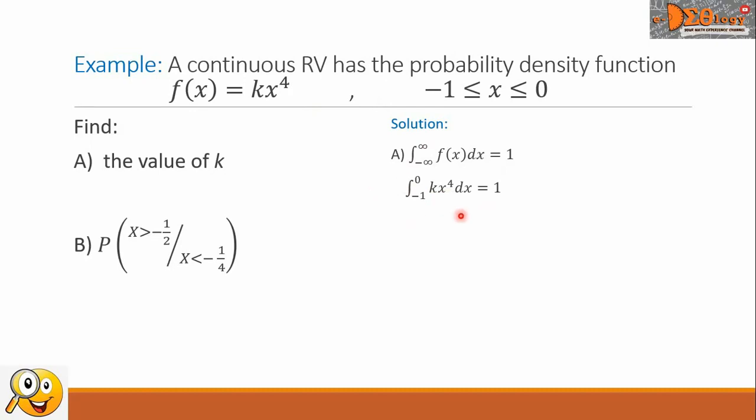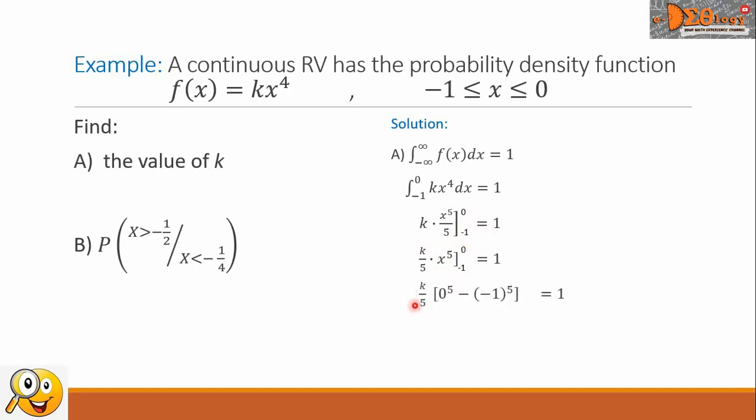Using our integral power rule, we have now k times x raised to 5 all over 5 from -1 to 0 equals 1. Let us attach this constant 5 to k and leave the x raised to 5 without denominator. And then let us simplify this portion.